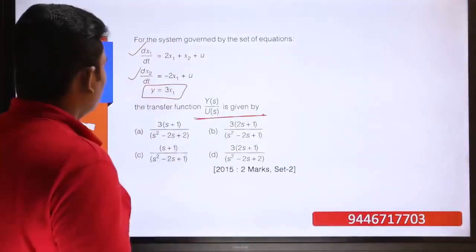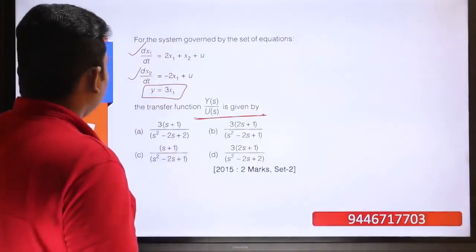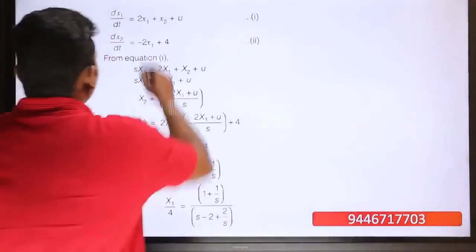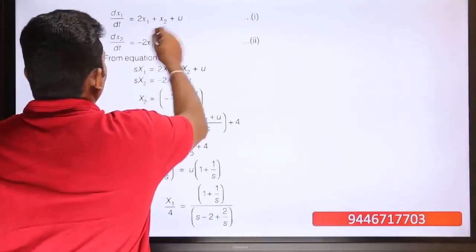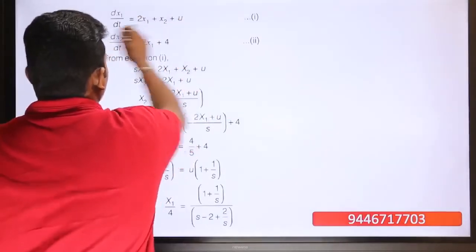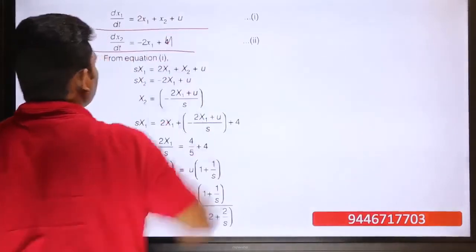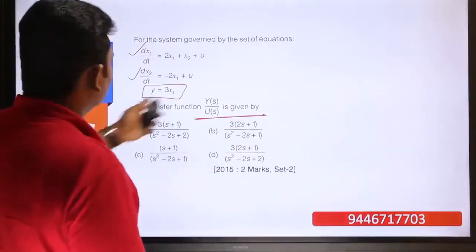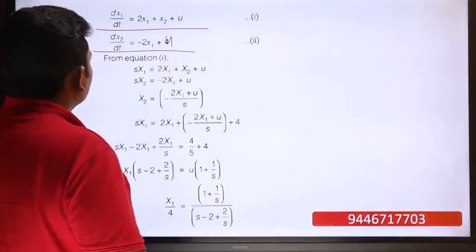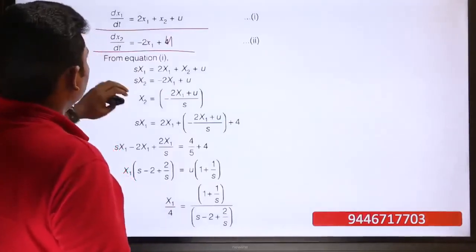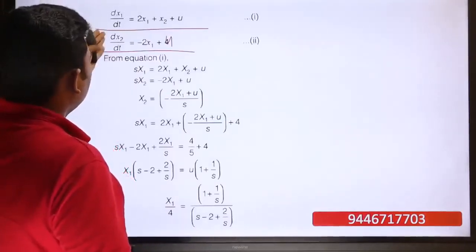plus u. So we are going to rewrite these equations as dx1 by dt equal to 2x1 plus x2 plus u, and dx2 by dt is equal to minus 2x1 plus u. So these are our two equations, and we can put d by dt is equal to s.